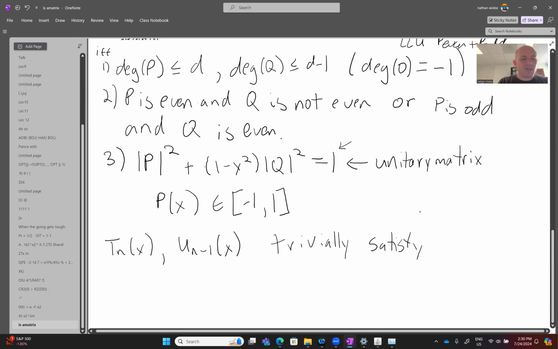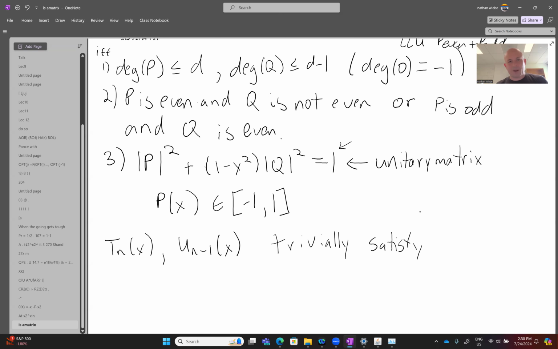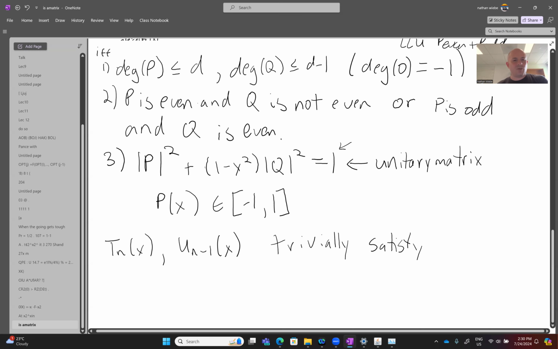And the reason why is that the Tn's and Un's are all functions of definite parity, and they satisfy two. The next thing to note is that they can be constructed by the matrix U of 0, 0, going down to D over here.